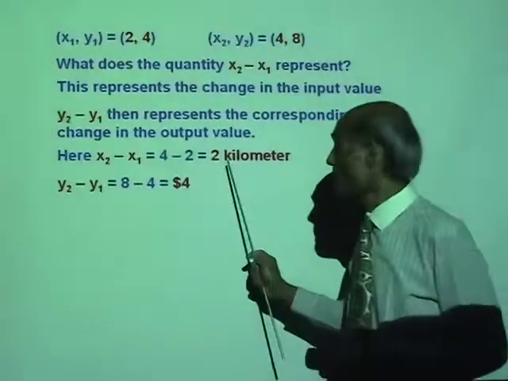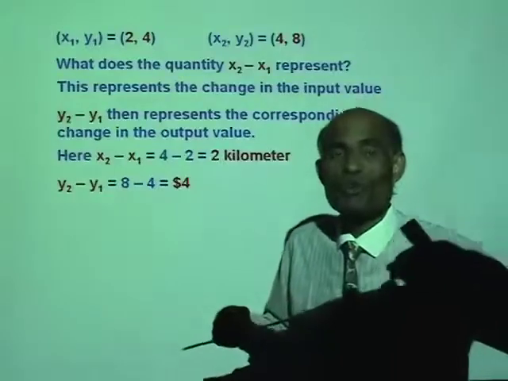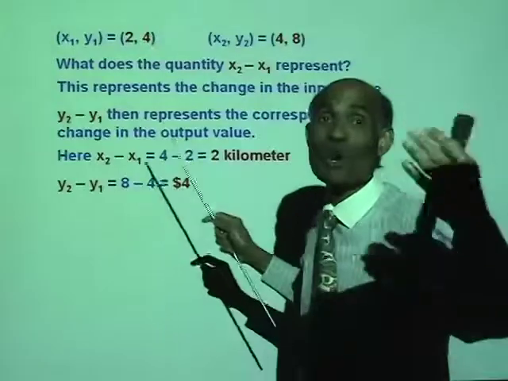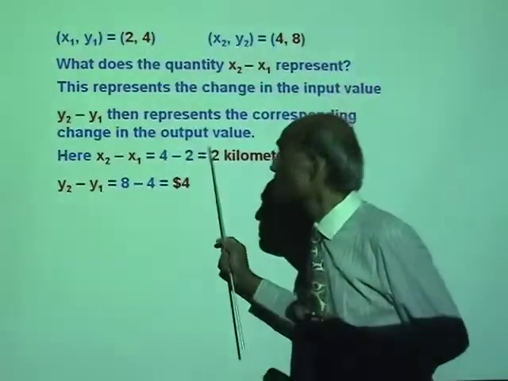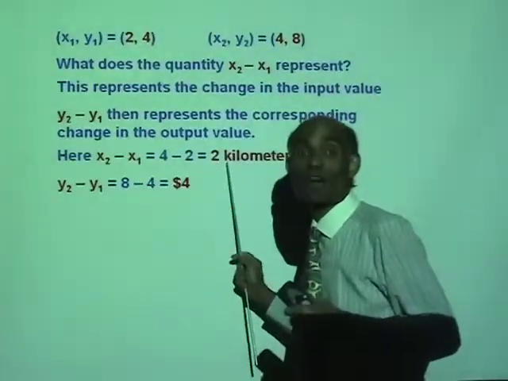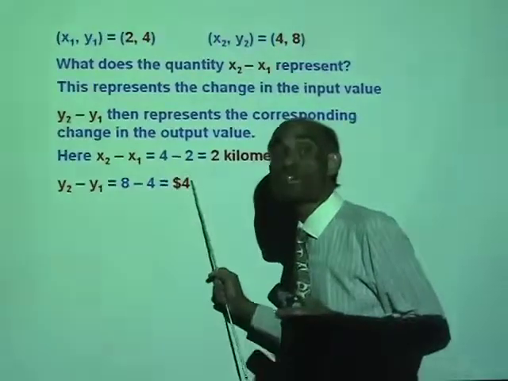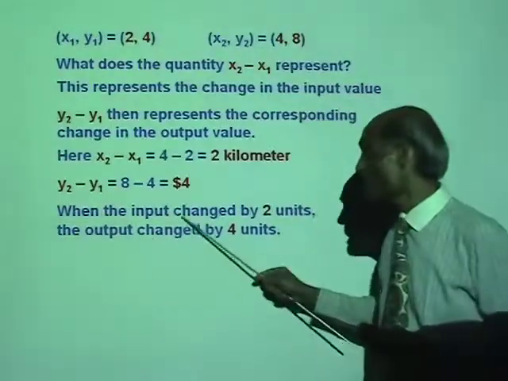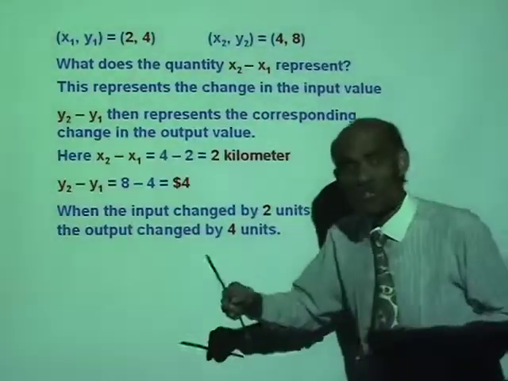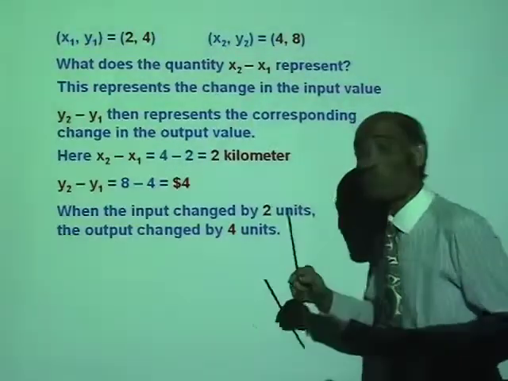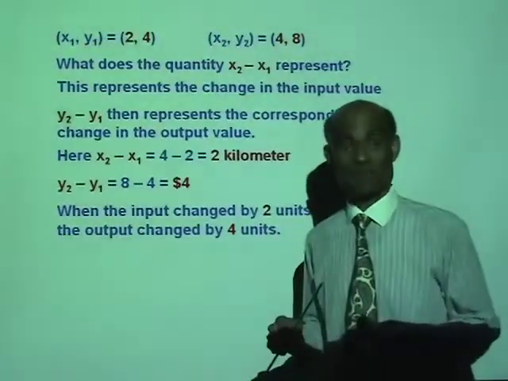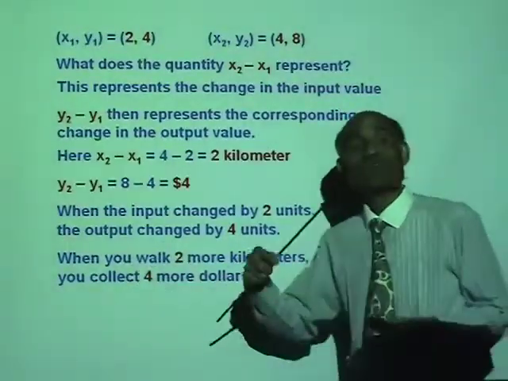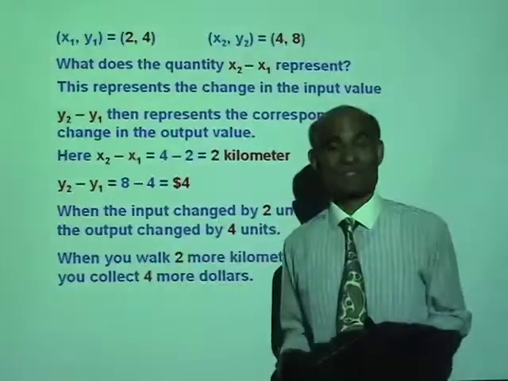It tells me that when the girl walked 2 more kilometers, she will collect $4 more. When the input changed by 2 kilometers, the output changed by $4. Alright, so when the input changed by 2 units, the output changed by 4 units. Okay? When you walk 2 more kilometers, you collect $4 more.